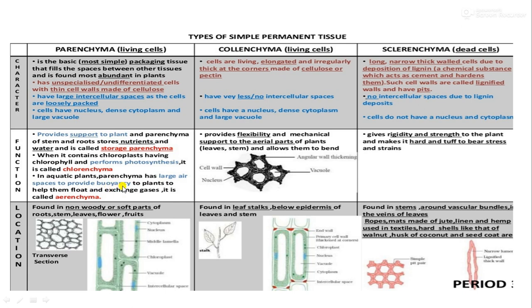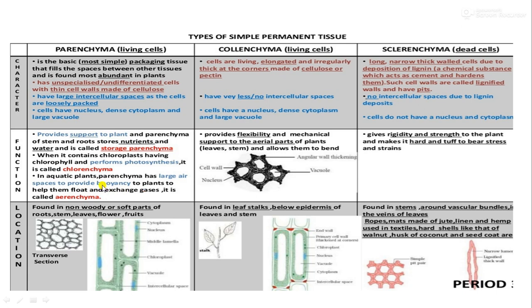These large air spaces provide buoyancy to the plant. Buoyancy means floating. Some plant parts, like leaves and stems, have to stay afloat on water. So for floating, some of the parenchyma contains large air spaces, which provide buoyancy to the plant and help them to float and exchange gases.